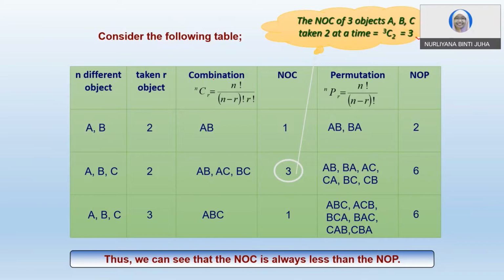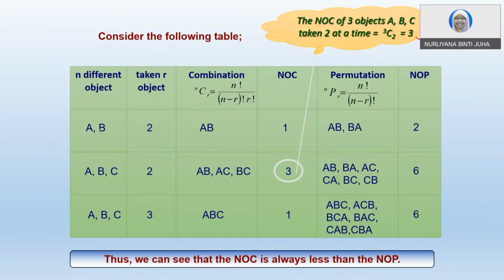Yeah. So we consider this following table. Let's say we have n different objects, AB, ABC, and also ABC lah dekat sini. So we take r objects, meaning you pick 2 lah. You choose 2. Okay, combination is nCr. So the combination is AB. Daripada these two objects, you pick 2.